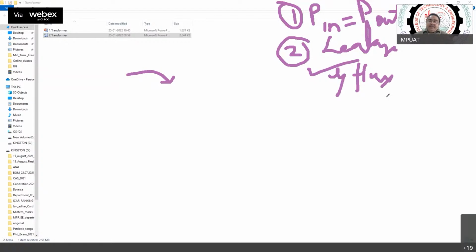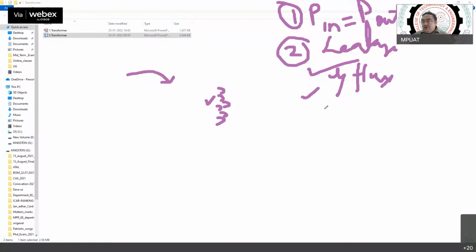Now what do we mean by leakage of flux? I have already explained that when an AC source is connected to the winding on the primary side, current flows through the windings. Current will flow in this winding. These are the turns. So we have turns on the primary winding and turns on the secondary winding.